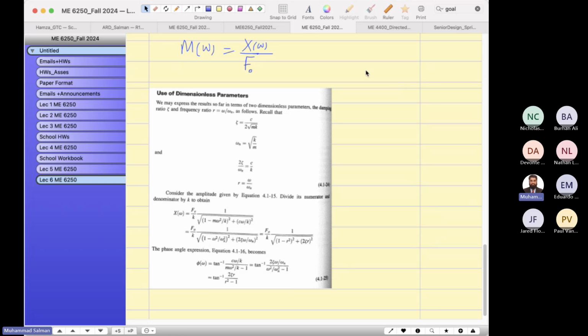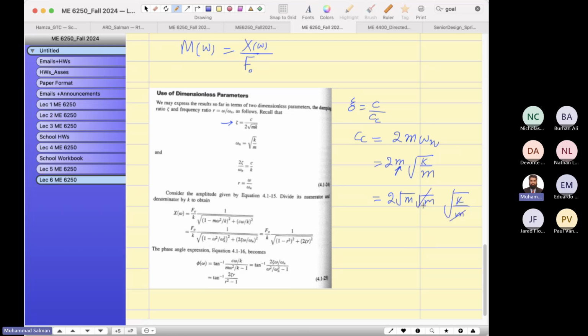For example, we know that zeta is the damping ratio, c, the actual damping, divided by the critical damping. And critical damping is also known as 2m omega n, or 2m square root k over m, or if you write it like this, m can be split into two square roots.